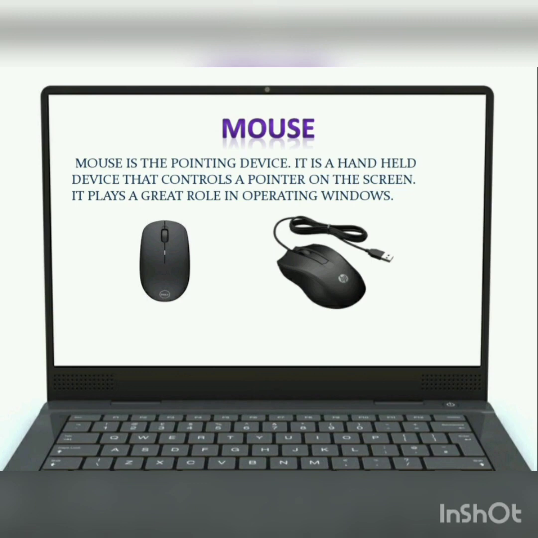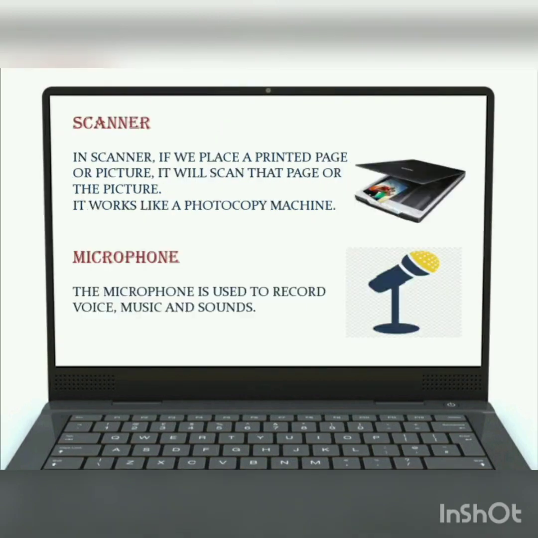One is with cable and one is without cable. In today's era, we generally prefer to use the without cable mouse that are called optical mouse. Generally these mouse are operated without cable. So mouse is a pointing device. It is a handheld device that controls the pointer on the screen.